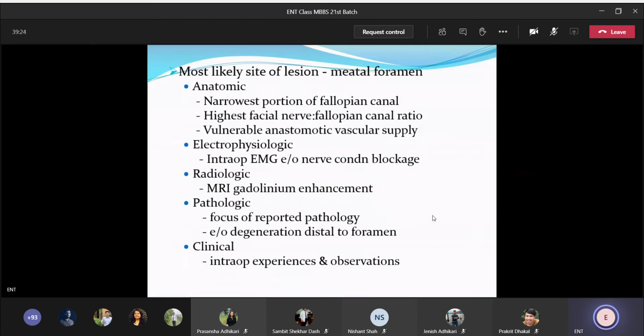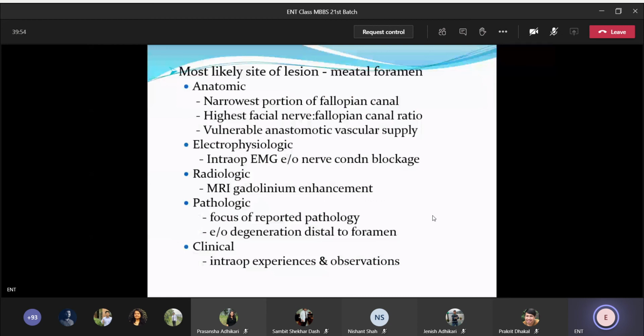The fallopian canal is a bony canal, and bone does not expand. So if there is edema of the facial nerve, it will automatically compress against the fallopian canal. There is also a vulnerable anastomotic vascular supply, so there is less vascular supply and that causes nerve damage. So these are the anatomical points.